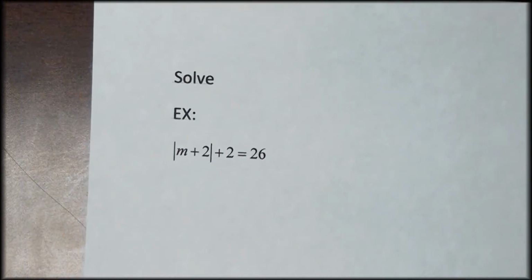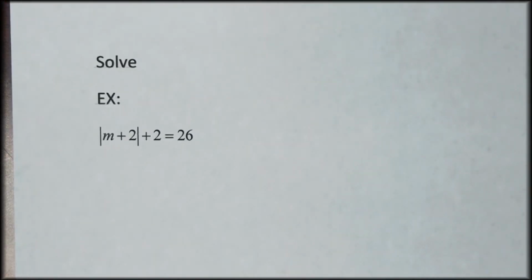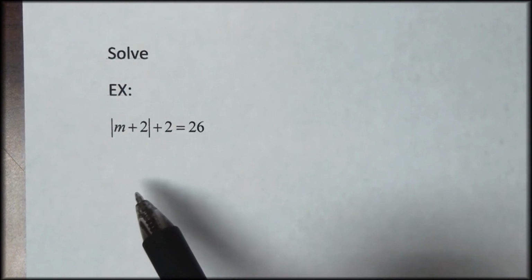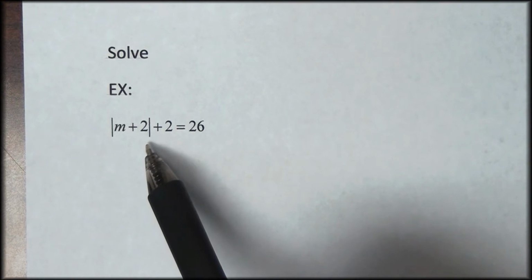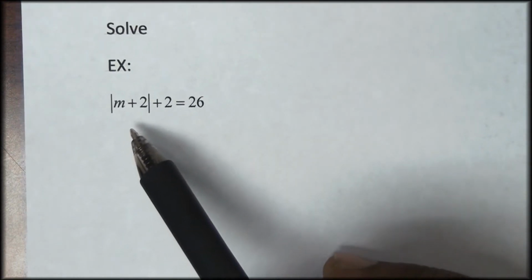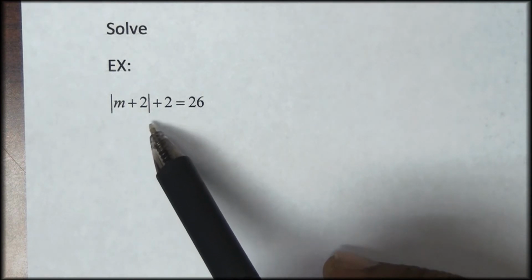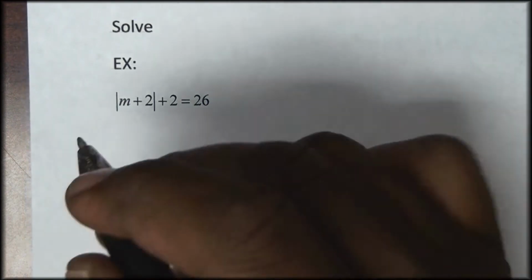Let's take a look at the first example. Here we're asked to solve the absolute value equation, the absolute value of m plus 2 is equal to 26. First, we'll isolate our absolute value, so we'll subtract 2 from both sides of our equation.